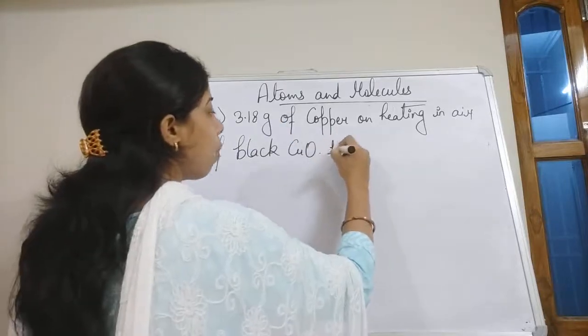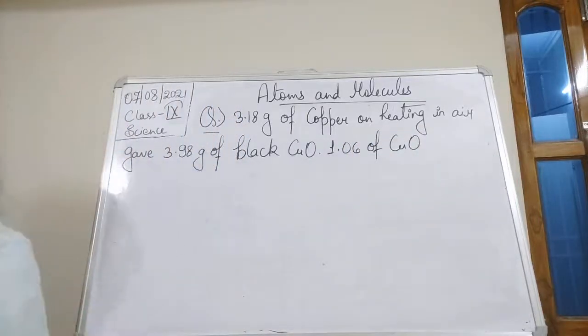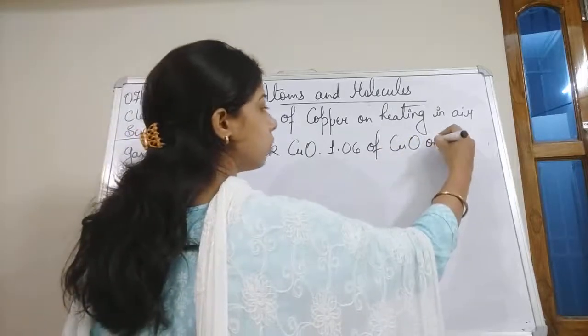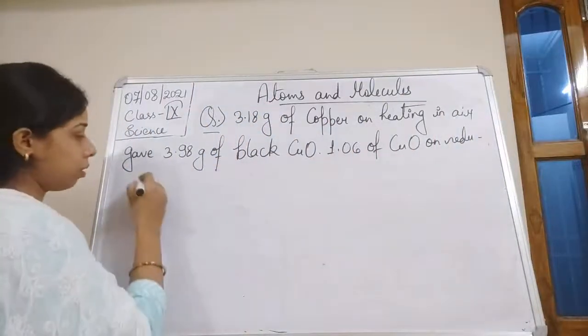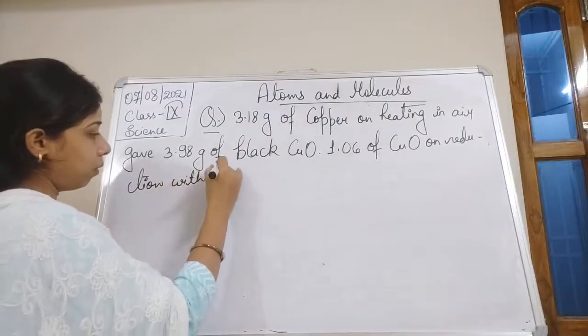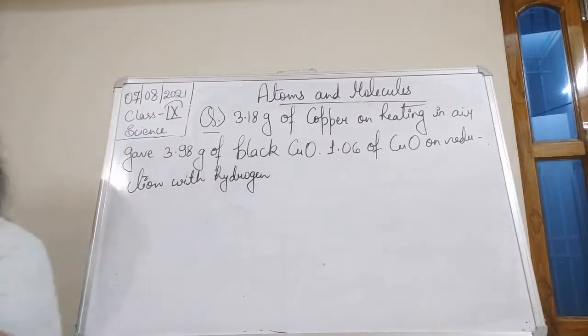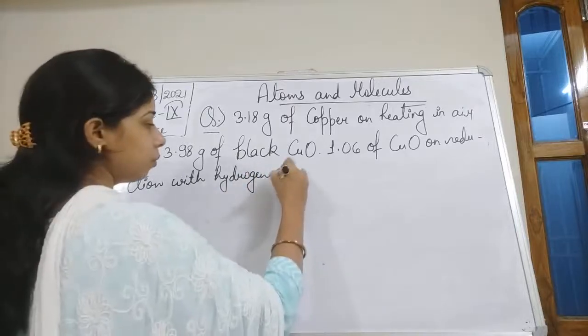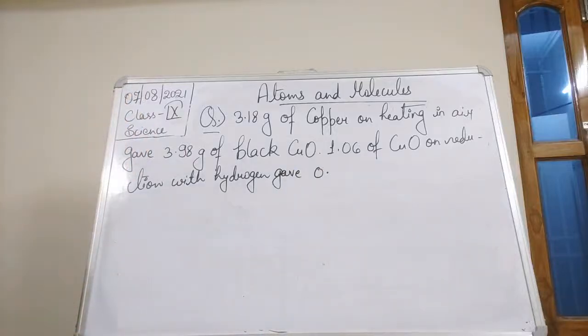Second case, 1.06 of copper oxide on reduction with hydrogen gave 0.847 gram of copper.